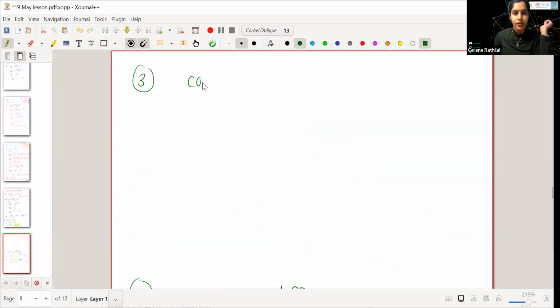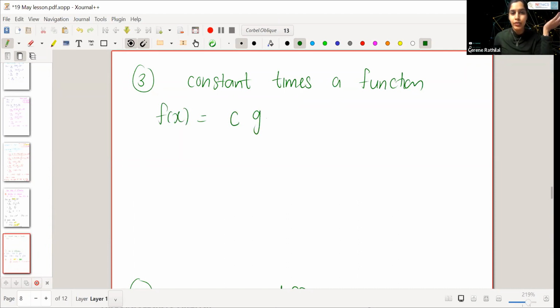So I can say a constant times or multiplied by a function. So if we have that f of x is equal to a constant times a function g of x, then we have seen, or you have been using this rule without having known that it is always true. It is true that the derivative of a constant times a function is simply the constant times the derivative of the function.